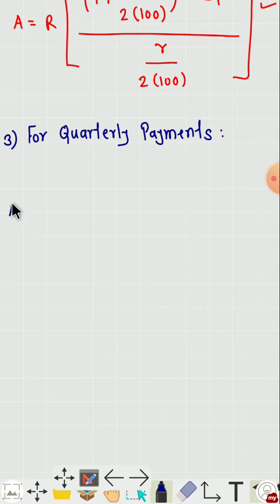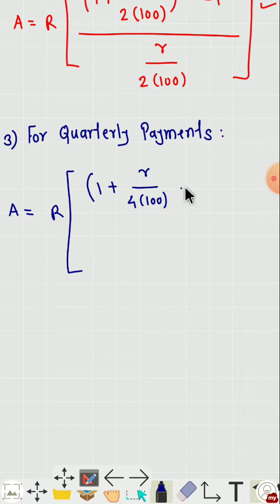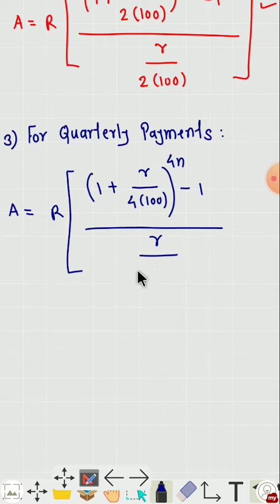A is equal to R inside the bracket (1 plus r divided by 4 times 100) whole bracket raised to the power 4n minus 1, and whole divided by r upon 4 times 100.